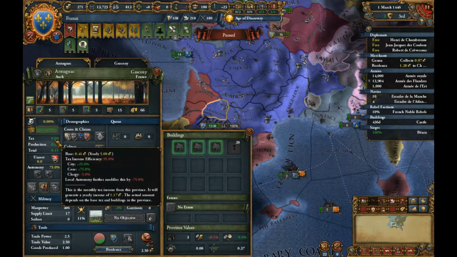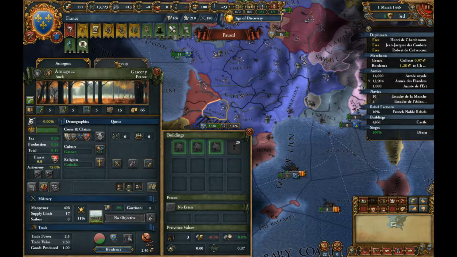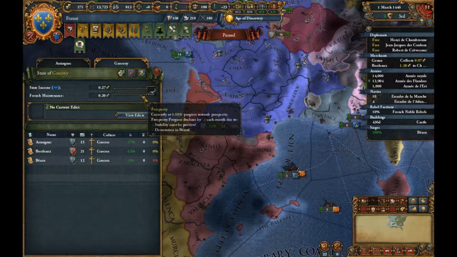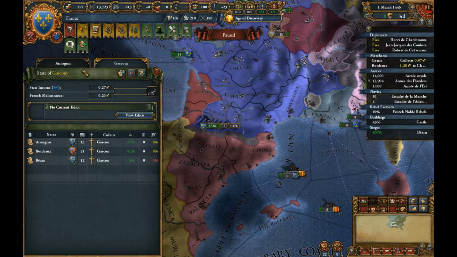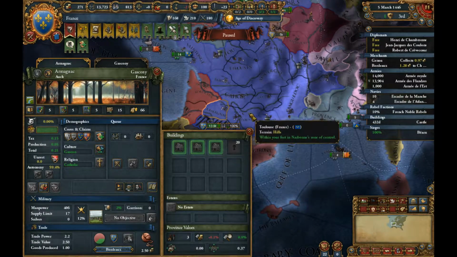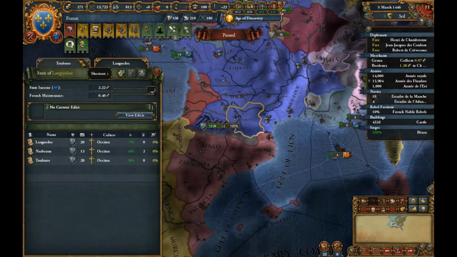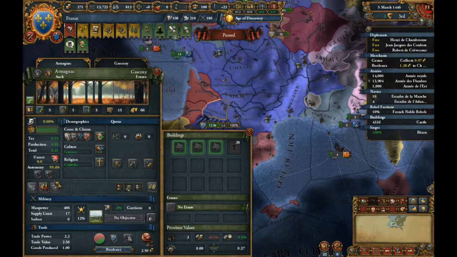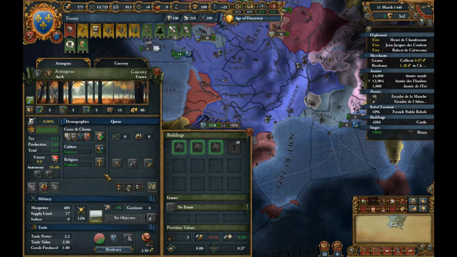And as you can see, the income went down. So I will say it again. I make a state again, but then we have a basic autonomy of normally... This is dumb. This is not good. Why? I have 59%.